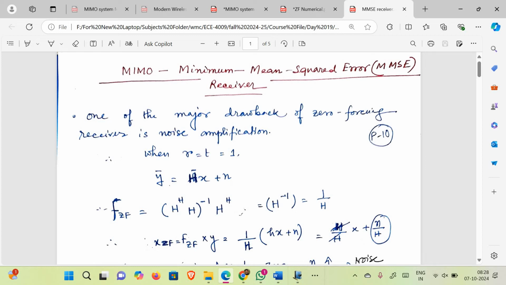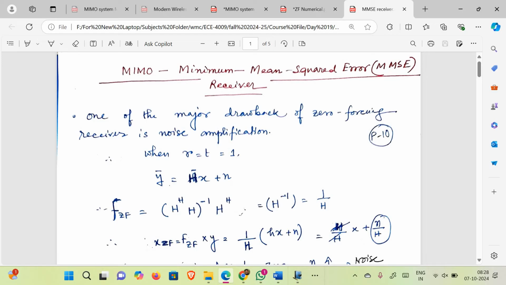There is a specific reason for it, and only that portion is relevant for us. We don't have any numericals as such, but we just need to understand that this is also the practical implementation of such a receiver, and that is called the MIMO minimum mean squared error receiver.